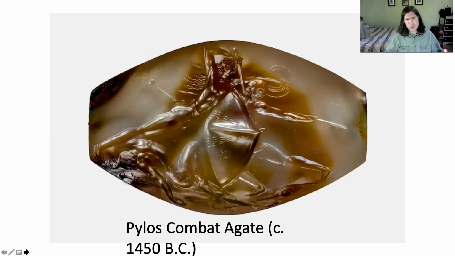So there's all sorts of reasons why this was a significant find. So I hope that gives you some appreciation for the kind of sophistication that ancient artists were capable of. I mean, even this was like 700 years before Homer. And this is a very, very old work of art.